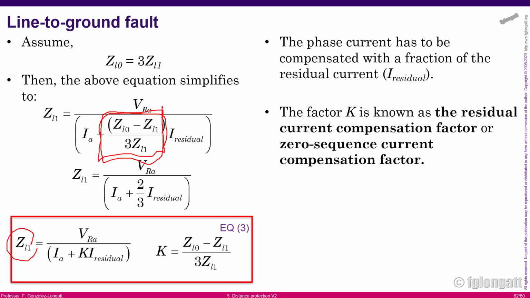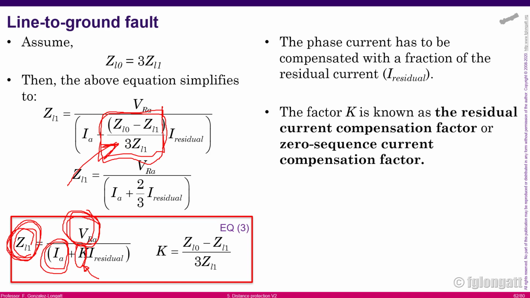The impedance that the relay can see from the location is equal to the voltage at the location of the relay divided by the current on phase A. But now I will use two important things. One important thing is I will introduce the factor K. And the factor K will take into account the real relationship between positive and zero sequence, okay?